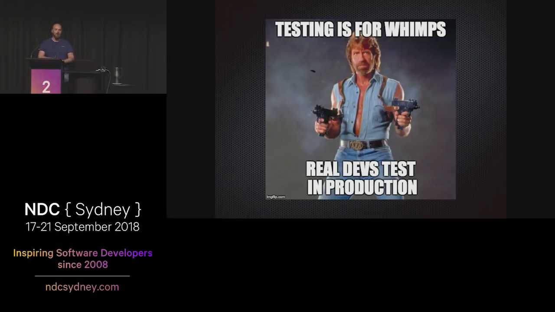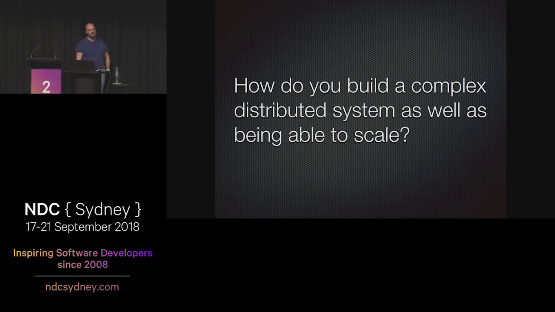We are becoming much more confident that when we test code in production, it's actually starting to be correct because of the tools and the monitoring and all that we actually do. But the question is, how do we build a complex distributed system and be able to scale it? This is a conundrum in IT right now. This is really difficult, and not everyone's getting it right.